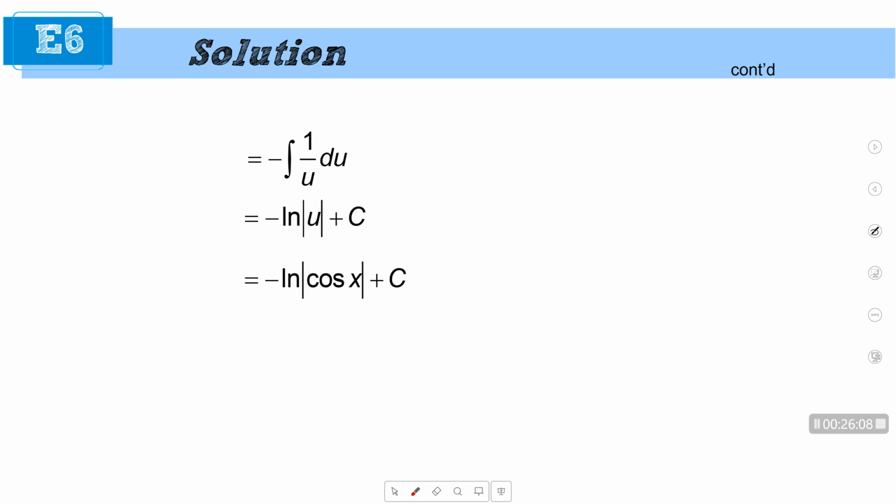Realistically speaking, when I ask you to find the antiderivative of tangent, you're not going to go through this whole monkey business. Yes, Luke? Could it also be positive ln sine? Because you could substitute it the other way.